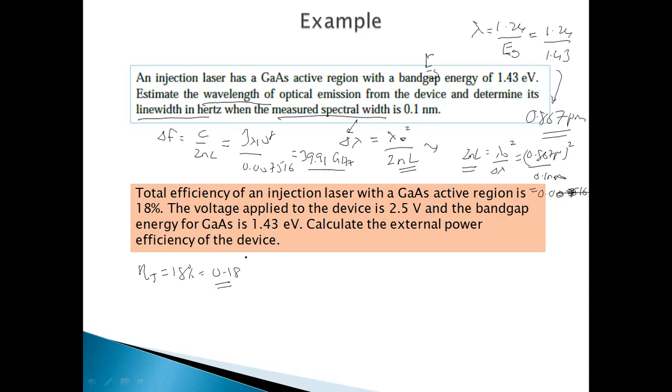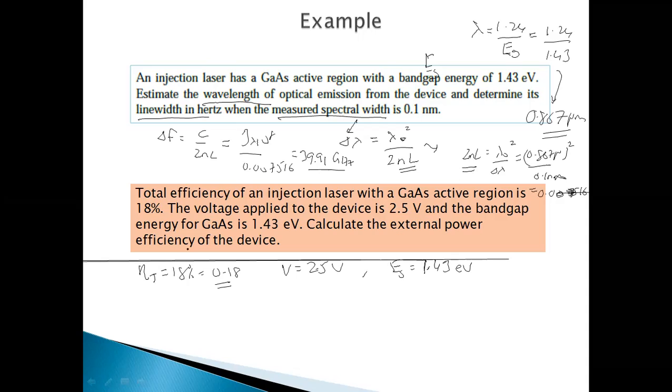Then it's given that the voltage applied to the device is 2.5 volt, so V is 2.5 volt, and the bandgap energy for gallium arsenide is 1.43 eV, so we have EG equal to 1.43 electron volt. Based on this, we need to calculate the value of external power efficiency.